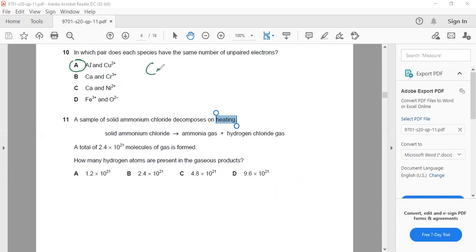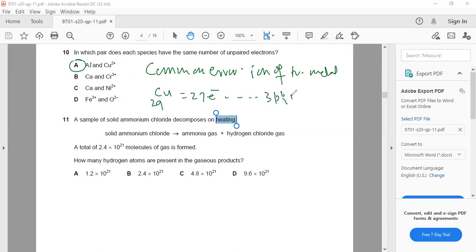A common error in writing the electron configuration of an ion of a transition metal: if you do it directly for 29 minus 2, meaning 27 electrons, you will write 3p6 4s2 3d7.